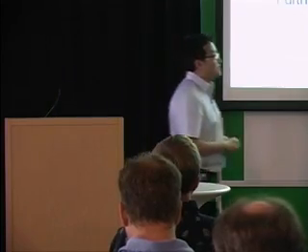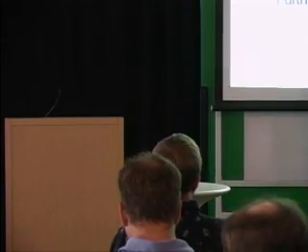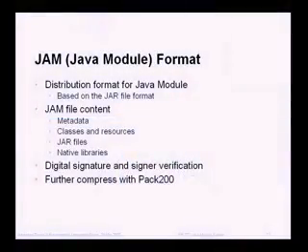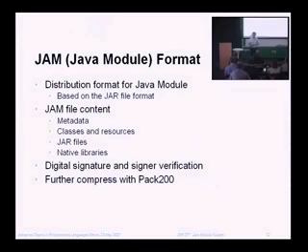Now, I've just talked about how you would write a module using the super package construct and turn it into some module metadata. Once you have that, you can package the metadata along with classes, resources, maybe even JAR files or native libraries, and group them together into a distribution format for actual deployment.